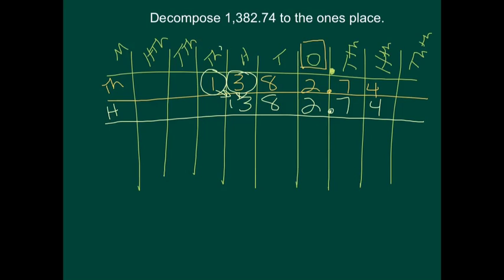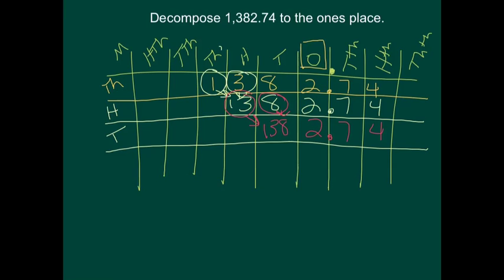To take it down to the tens place, keep continuing on doing the same thing. We're going to take the 13, move it over, and drop down the 8, to have 138 tens. Drop the 2 down, decimal, bring the 7 down, and bring the 4 down.